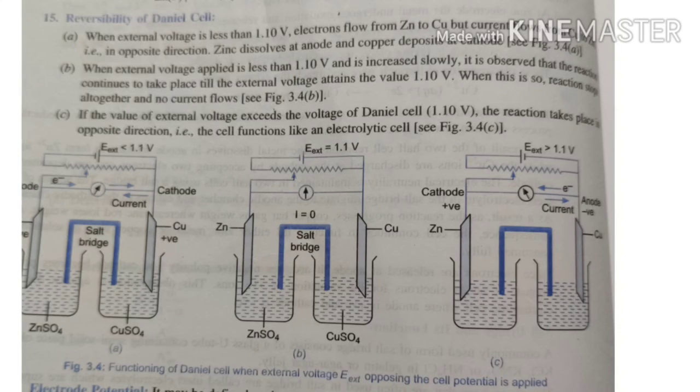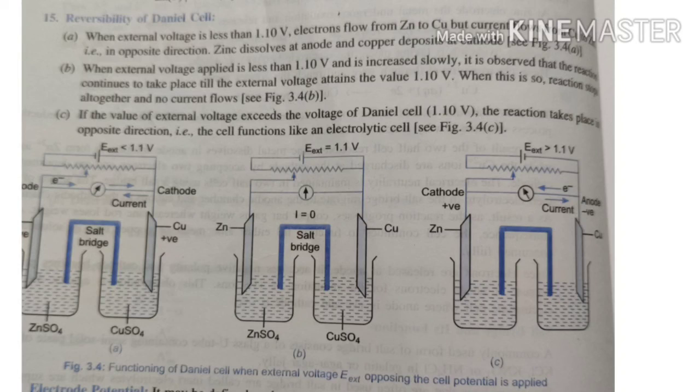Now the third point: if the value of external voltage exceeds, that is, if we apply a voltage more than 1.1 volt, because the reactions are reversible, the cell will be reversed. The reaction takes place in the opposite direction.